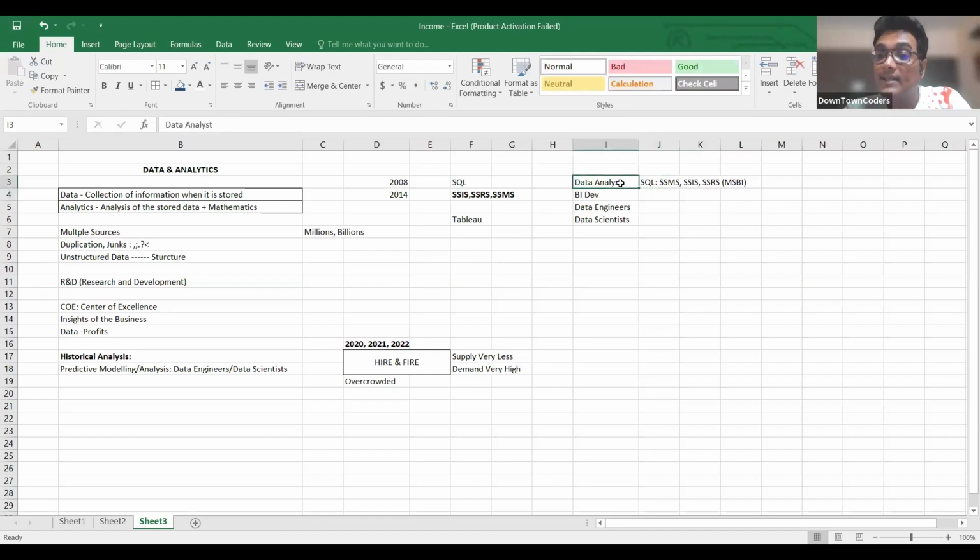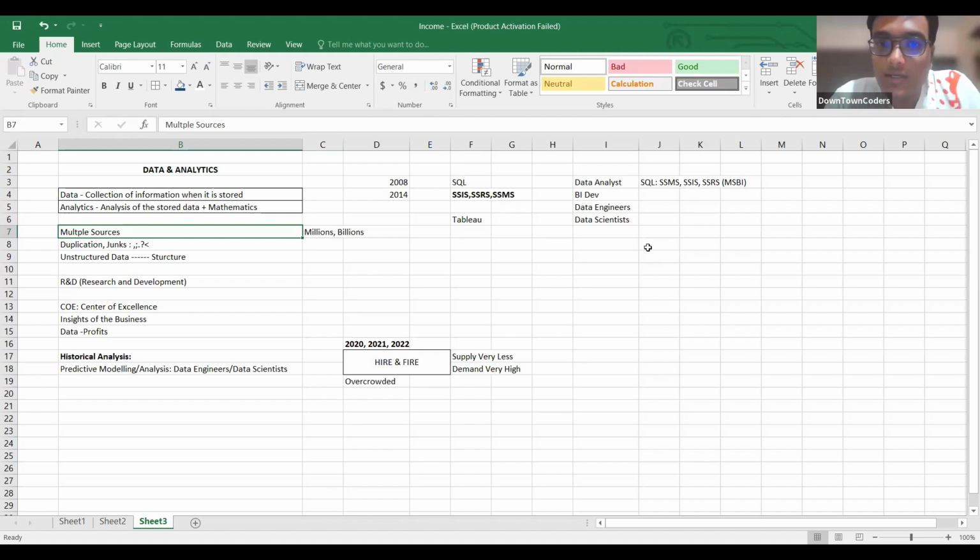Data analysts, to be more specific, were the people working on these Microsoft Business Intelligence applications. For all the analysis, at first they had to collect information from multiple sources, which used to happen using SSMS. SSIS, the integration services, is the ETL tool. ETL means extract, transform, load. I'll talk about ETL later.